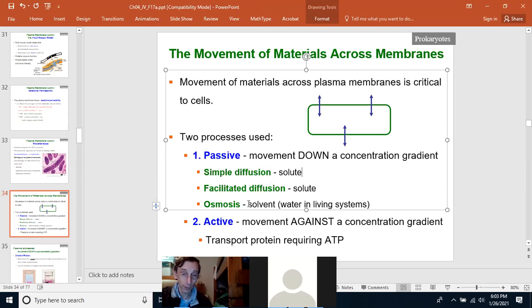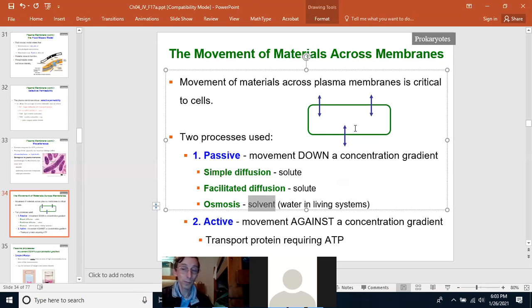The solvent is moving. It's water moving across a membrane. And then it's limited to water. No other molecules use osmosis. And that's just by definition. All right, any question about the passive processes?